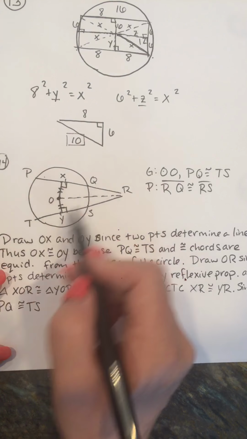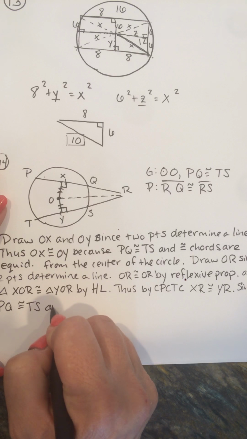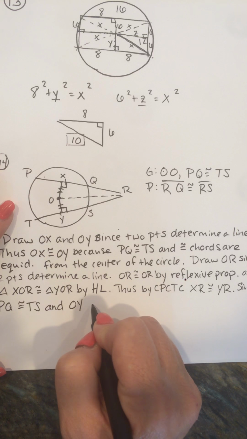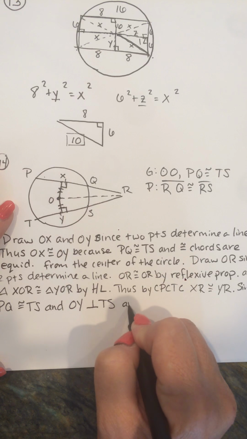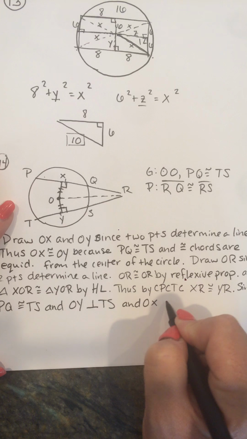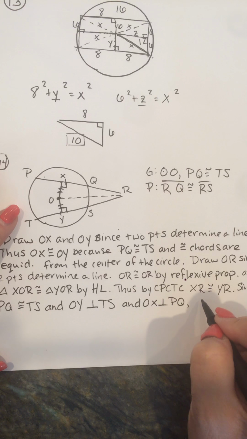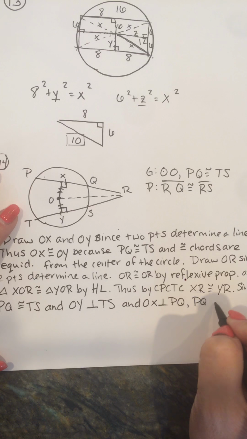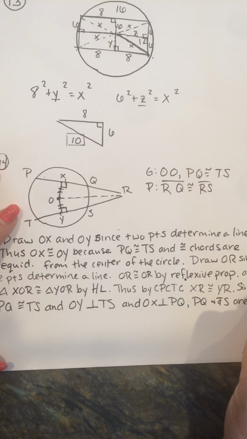Since PQ is congruent to TS and OY is perpendicular to TS and OX is perpendicular to PQ, PQ and TS are bisected.